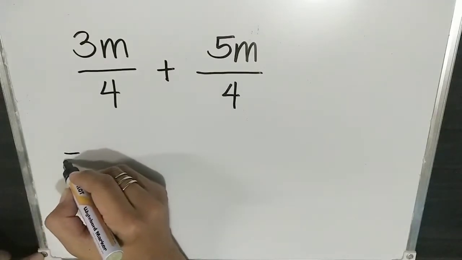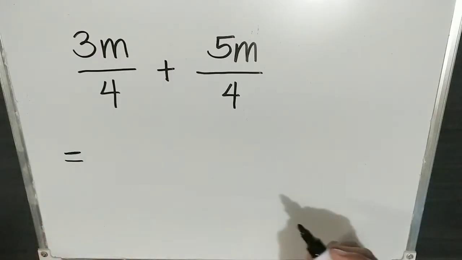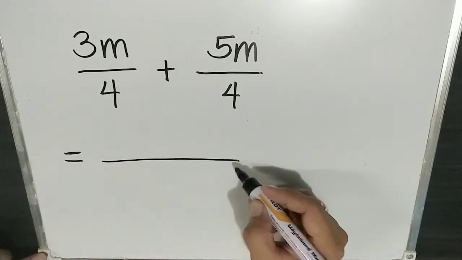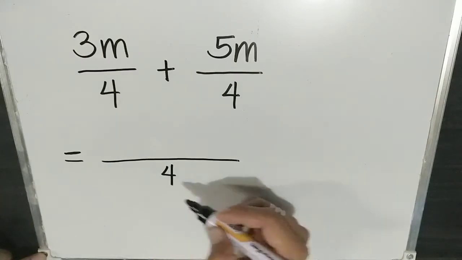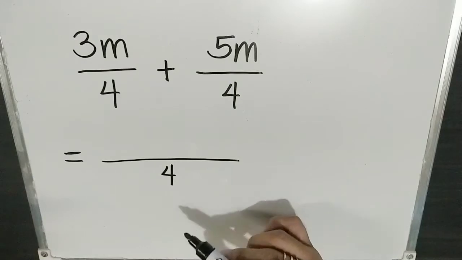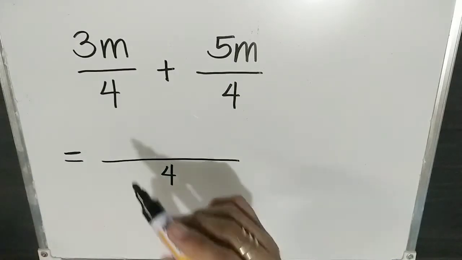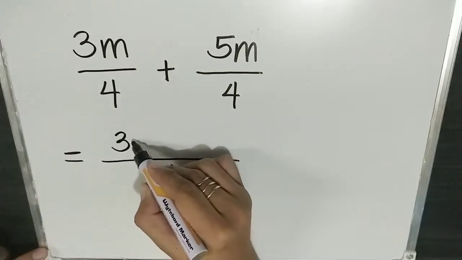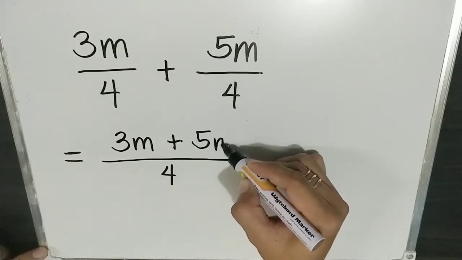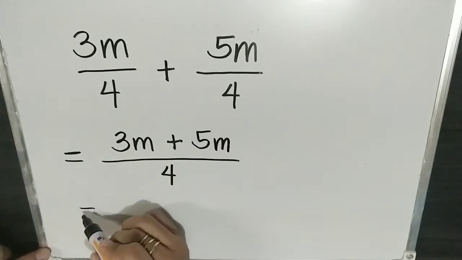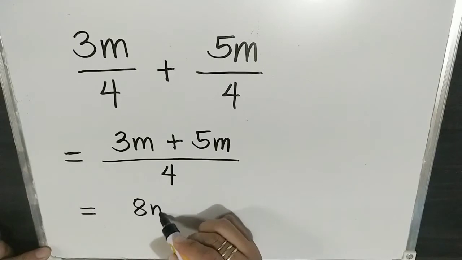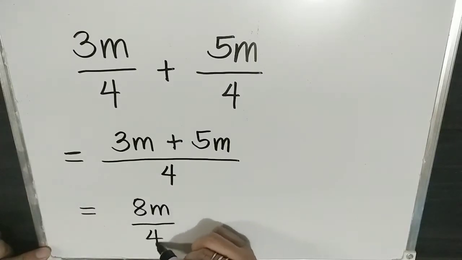So we will do the process in adding rational algebraic expressions. Copying first the common denominator. Then we will add the numerators, 3m plus 5m. Okay, let's continue. 3m plus 5m, that is 8m over 4.